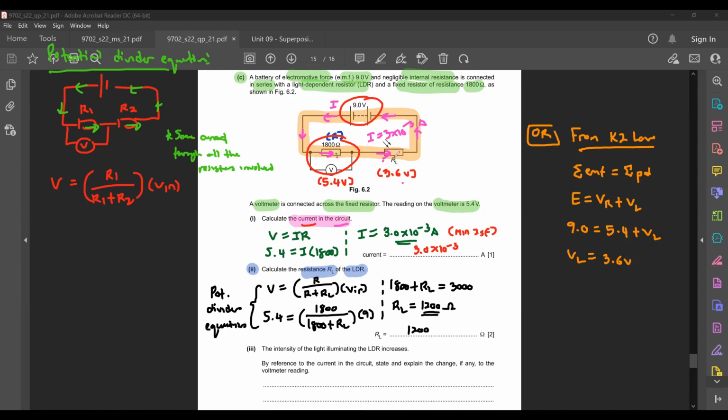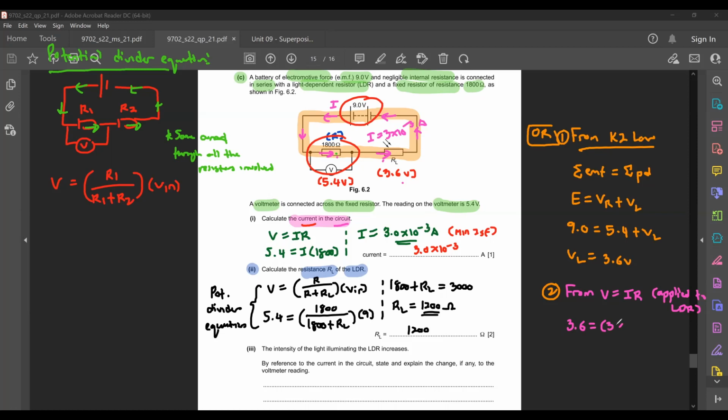We can use V equals IR to find out the resistance. So the second part would be using V equals IR applied to the LDR, where we know the PD is 3.6.